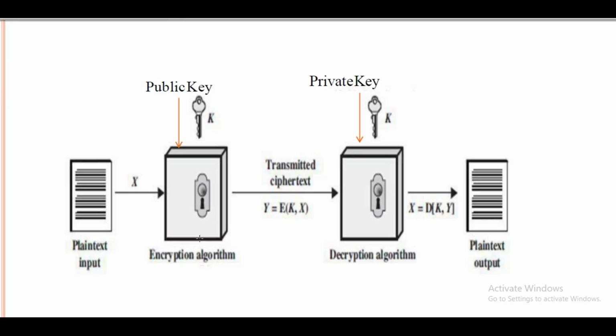Then we go to the receiver side, where whatever text we sent in the form of X needs to be converted into readable form. So we convert our ciphertext to plain text by applying a decryption algorithm.